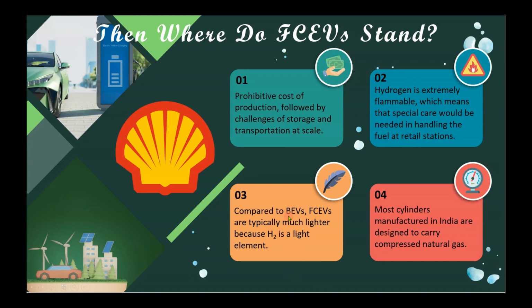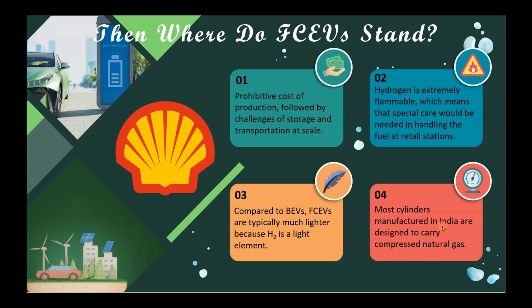And compared to BEVs, FCEVs are typically much lighter. This is a major advantage over BEVs. Like Tata Nexon, you might have heard one of the major disadvantages of these BEVs is that the lithium-ion battery packs are very heavy, but hydrogen is a very light element.